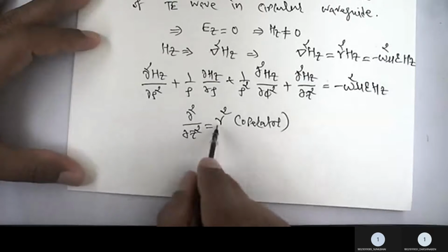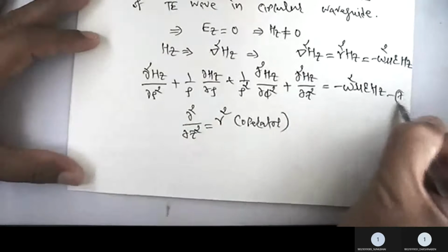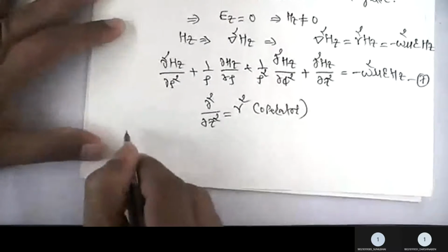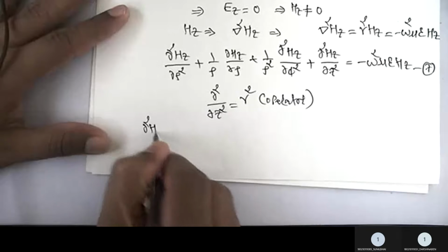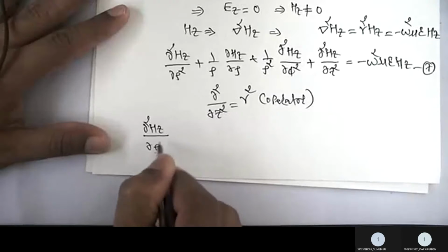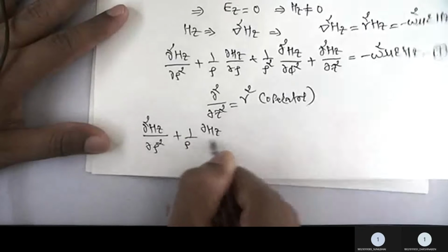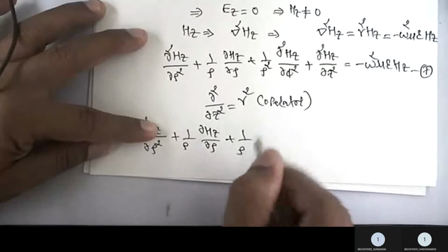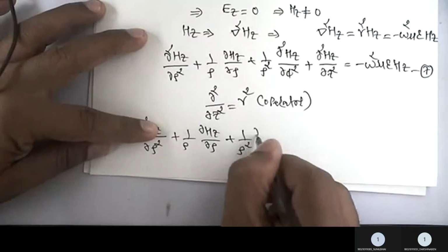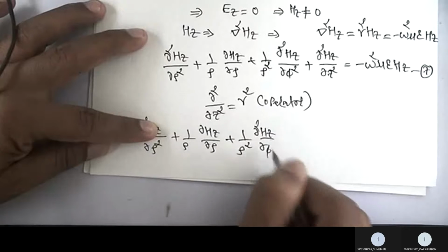If I use these expressions in our equation number 7, then the same expression can be written as del square Hz by del rho square plus 1 over rho del Hz by del rho plus 1 over rho square del square Hz by del phi square.